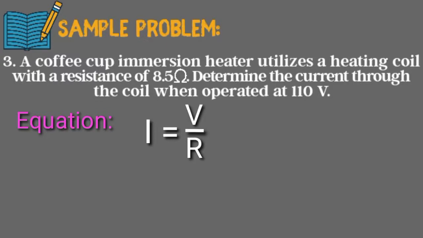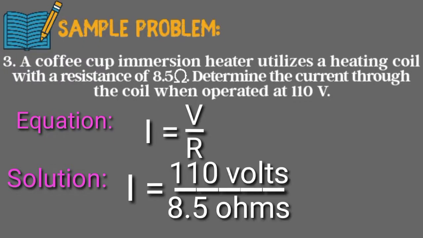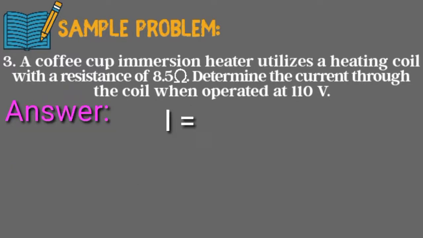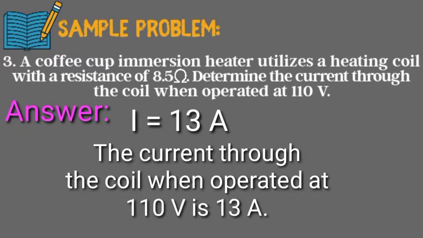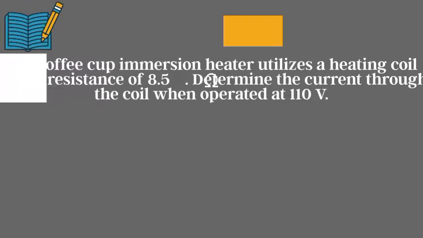Our equation, I equals V over R. For our solution, substitute V to 110 volts and R to 8.5 ohms. Our answer, I equals 13 amperes. The current through the coil when operated at 110 volts is 13 amperes.